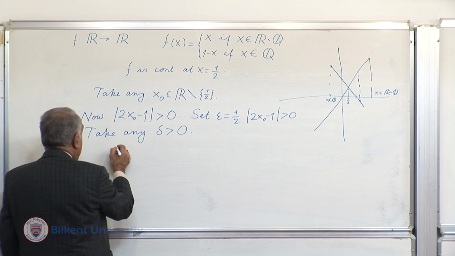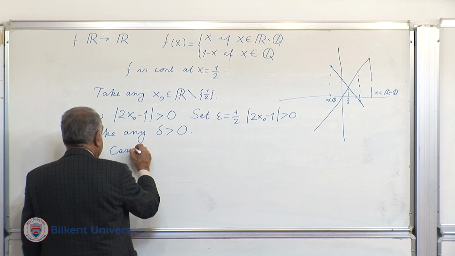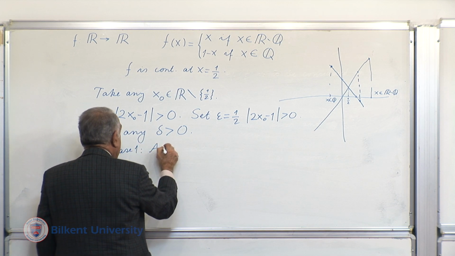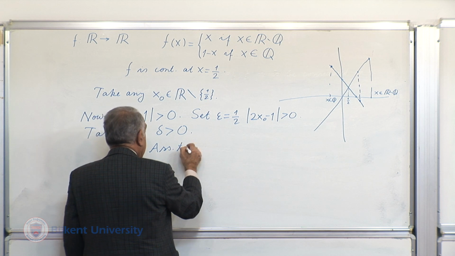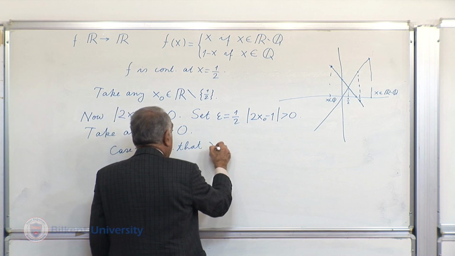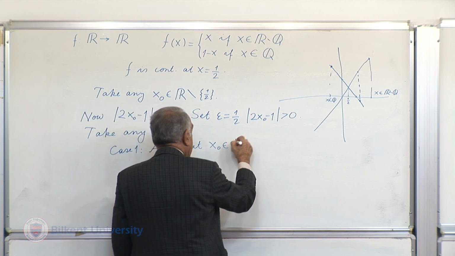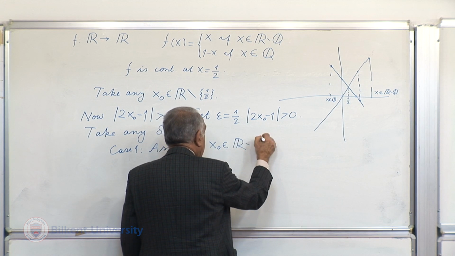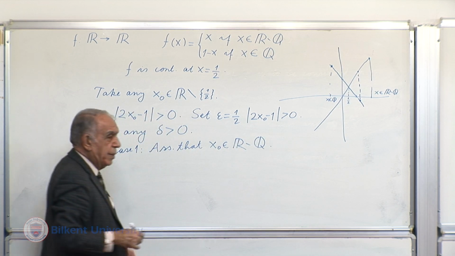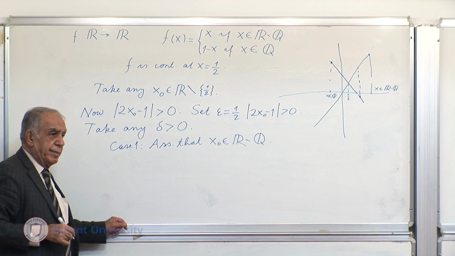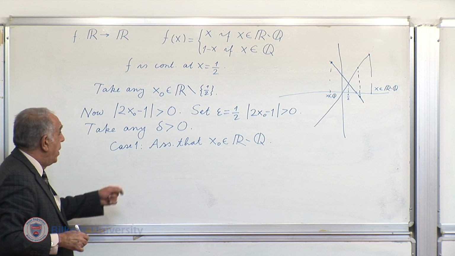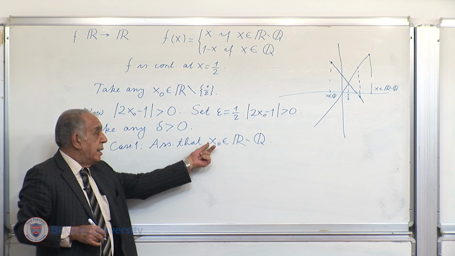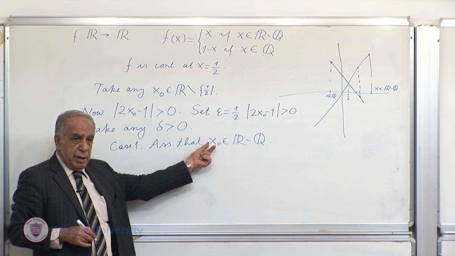So let's do that. Case 1. Assume that x0 is in R minus Q. Now we'll consider the delta ball about x0.